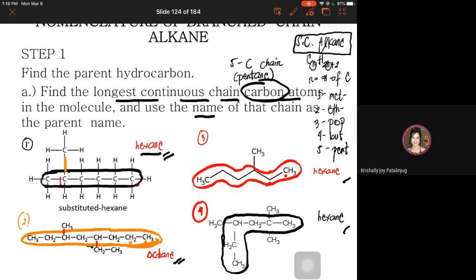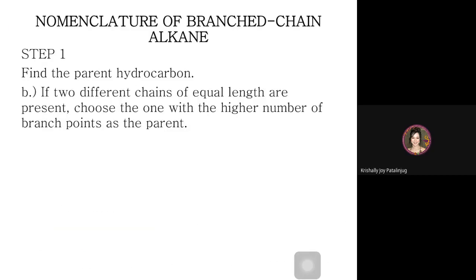Now, still under step 1, finding the parent hydrocarbon, letter B. Case letter B, if 2 different chains of equal length are present. Ibig sabihin nito, kapag upon finding the parent chain, you have located 2 or 3 or more different chains ng carbon na equal yung length.